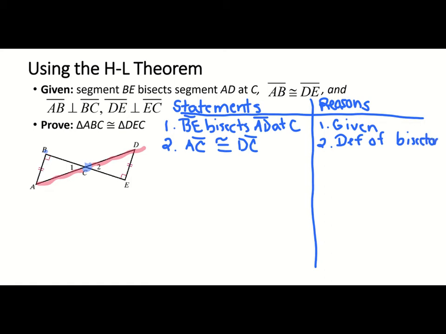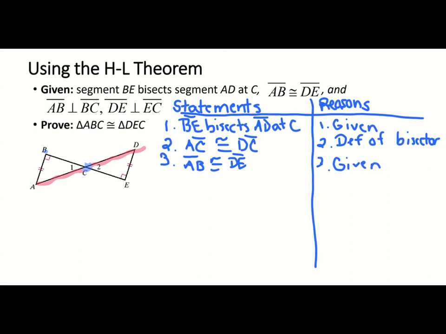Okay. All right. Now, let's see. I don't have any more information from that given, but I do know segment AB is congruent to segment DE, and that is just a given. And there, it's marked on here already.